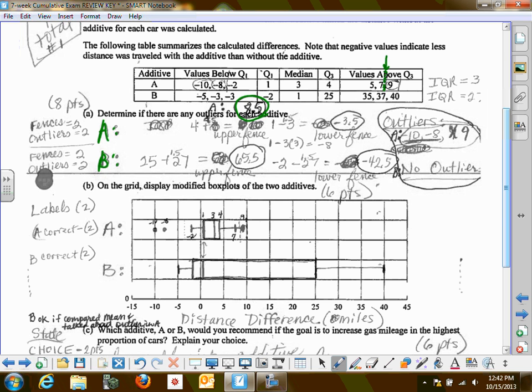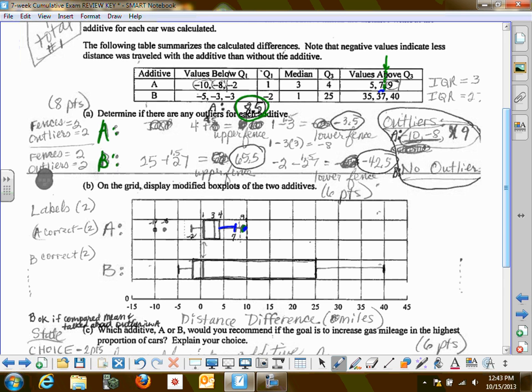So what does that tell me about 9? 9 is going to be represented by a dot because it is an outlier. Okay, 9 is a dot because it's an outlier, and therefore tell me what's going to happen with 7. Your whisker will go to 7 because that's the next one in, and then you have a gap, and then the dot.